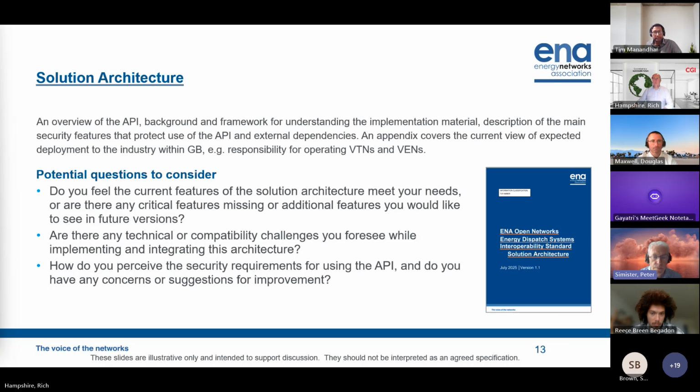What this gives is it says, okay, this is OpenADR 3, but what are we doing with it? What are the main actors and components, the sorts of things that you'd see in a solution architecture? So the interfaces, the storage requirements, and the business processes supported, all at a very high level. Then there's a summary of the security features.